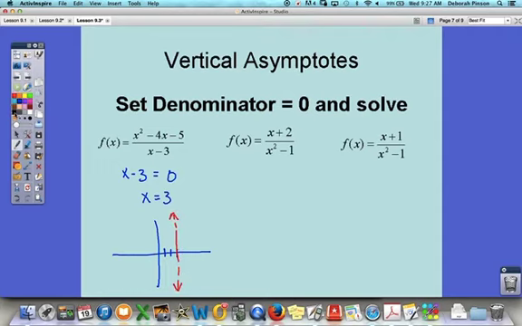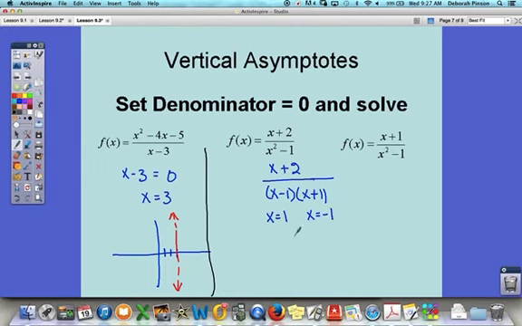Okay, just a heads up on this, you may need to factor if you've got a messier denominator. I'm going to factor this x minus 1, x plus 1, which means when I set those equal to 0 and solve, x equals 1 and x equals negative 1, those are my two vertical asymptotes. So at 1 and at negative 1.